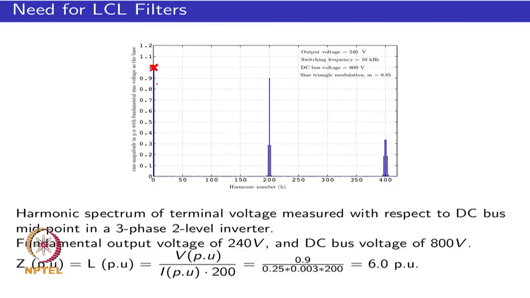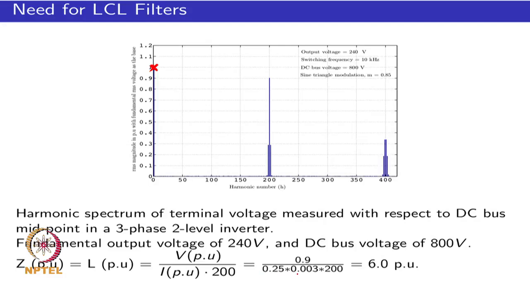So, if you then look at what the recommendations of the standards would be, you would like to have the per unit value of your filter inductor equal to V per unit divided by I per unit, that is allowable at the 200th harmonic. One thing to notice, the standards recommend even harmonics to be 25% of the odd harmonic.